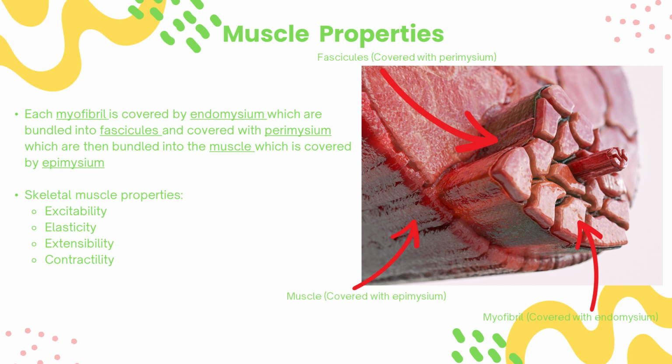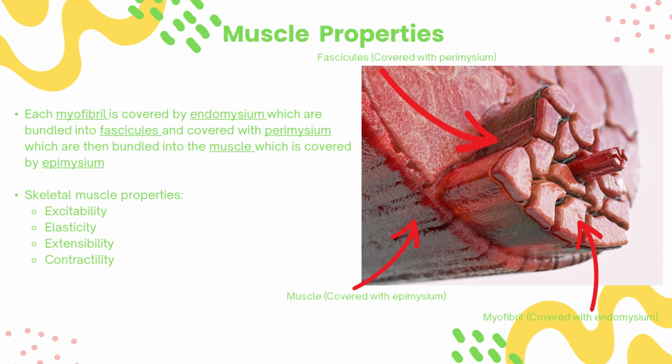And then each fascicle is all bundled up, and the fascicles create the whole muscle group itself. So if we're looking at the biceps brachii, the biceps brachii is composed of multiple fascicles itself, and the fascicles are wrapped with epimysium. Endomysium is within, perimysium is going to be that middle, and then epimysium is going to be that full outer layer for the whole muscle itself.